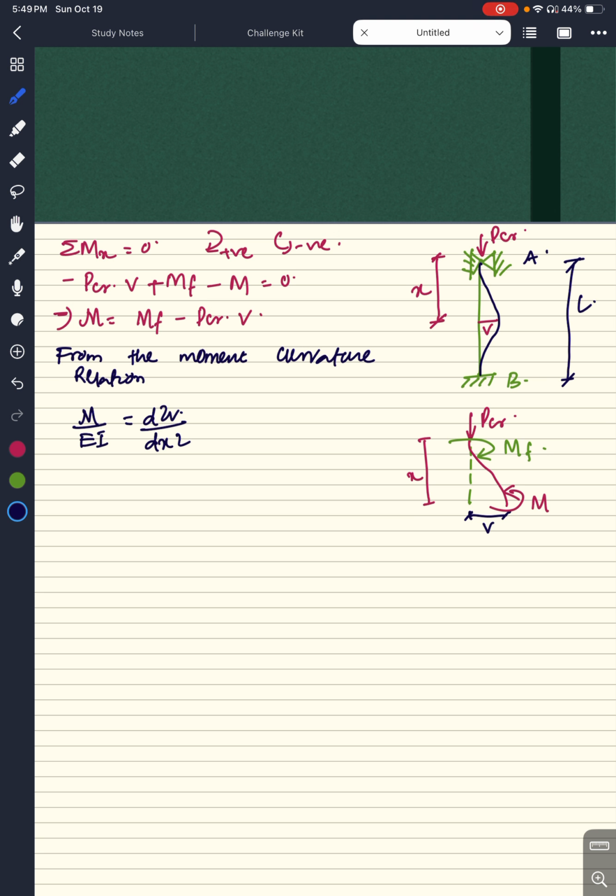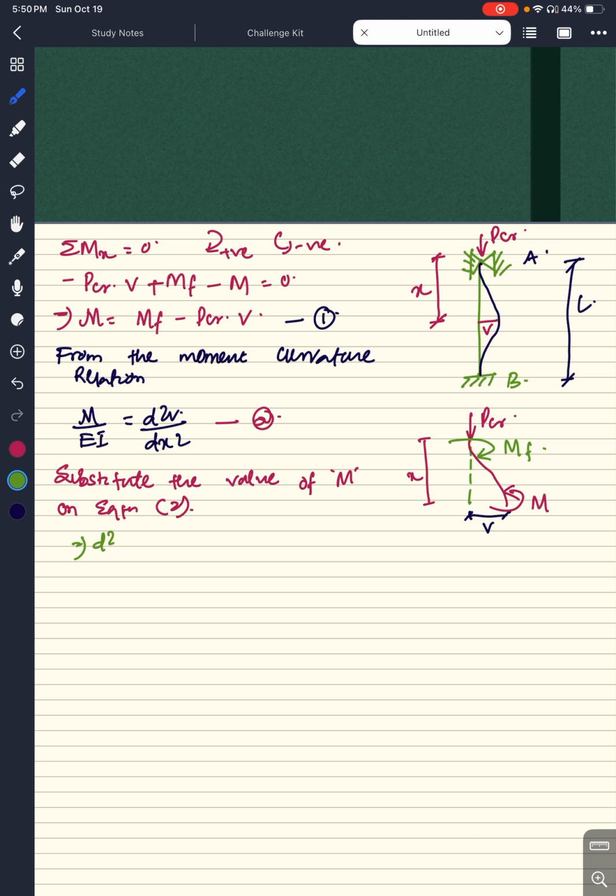So let's say this is equation 1, and this is equation 2. Now substitute the value of M from equation 2. So what do we get?